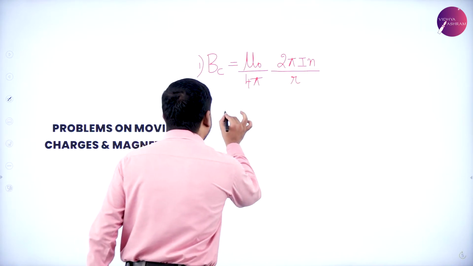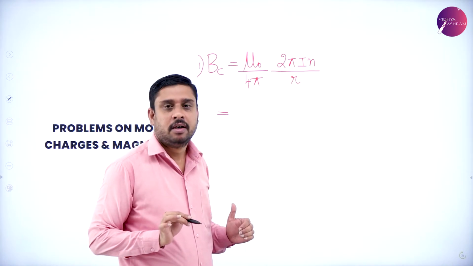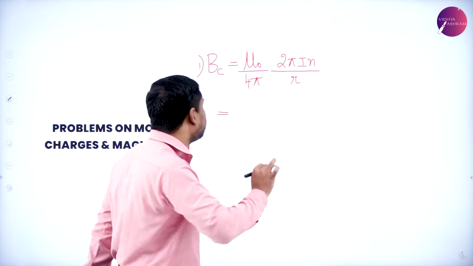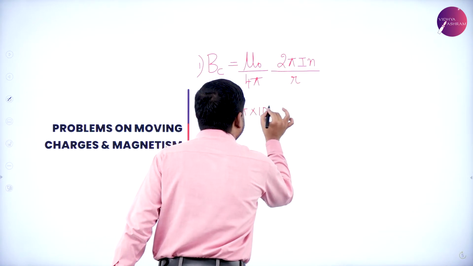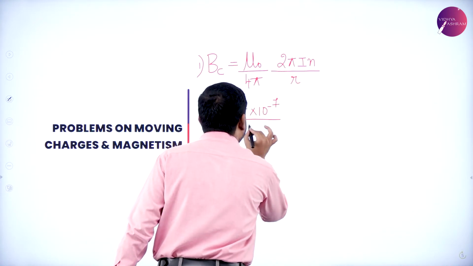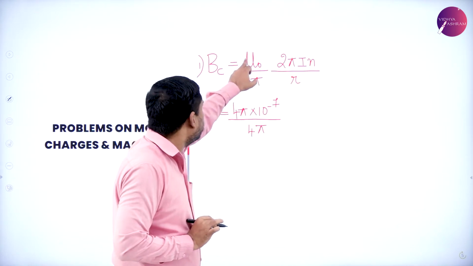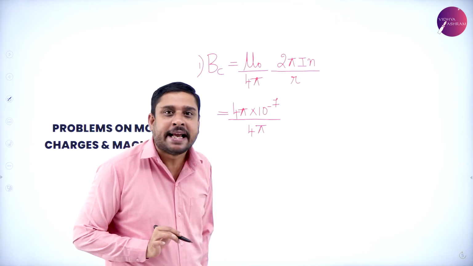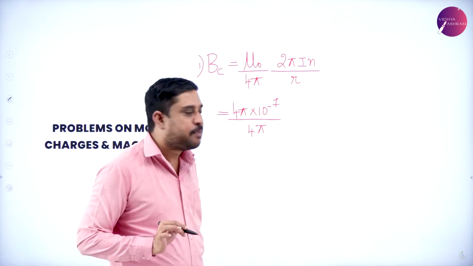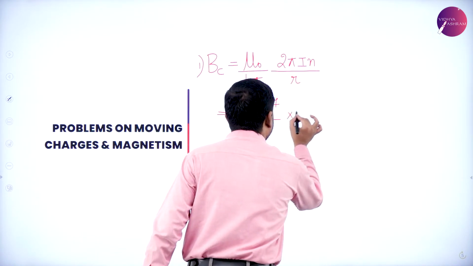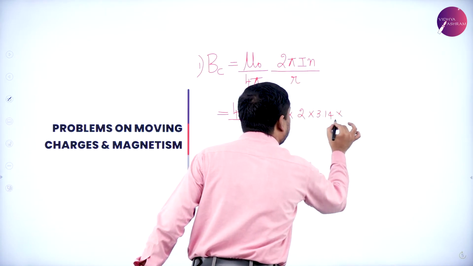Now substituting here, what is the value of mu naught? Magnetic permeability. So it is 4 pi into 10 power minus 7 divided by 4 pi. So remember, mu naught is 4 pi into 10 power minus 7 divided by 4 pi into 2 into 3.14.